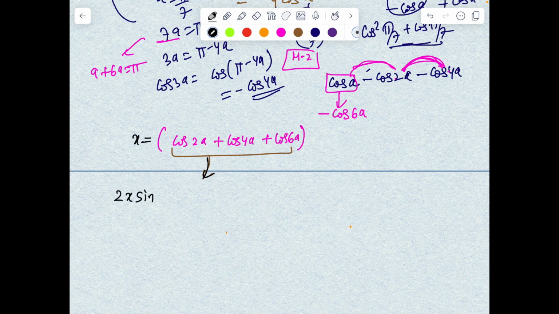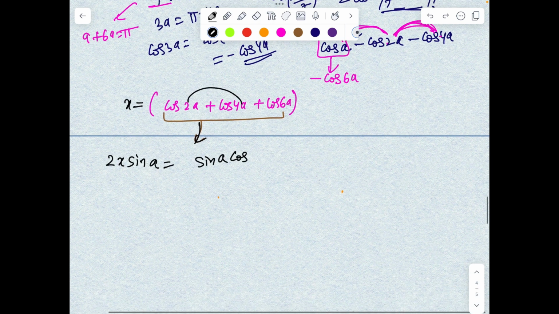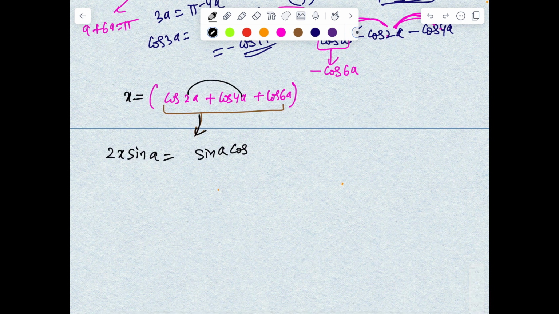So if I multiply with 2 sine of common difference by 2, which is a, so we have 2 sin a cos 2a plus again 2 sin a cos 4a plus 2 sin a cos 6a.